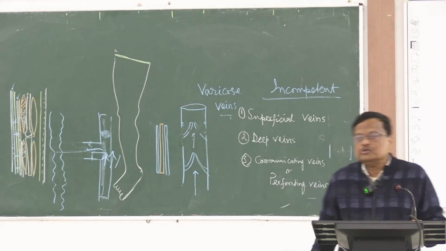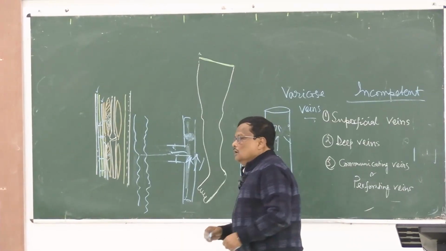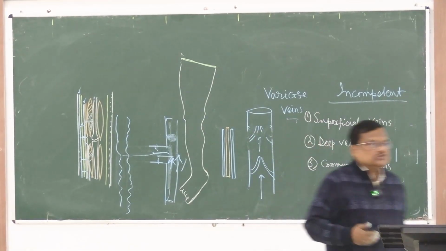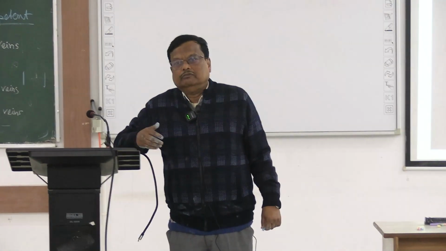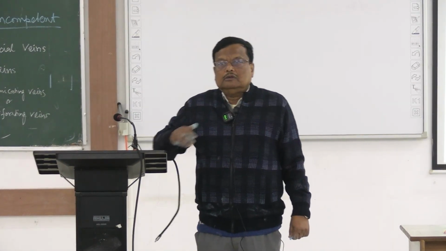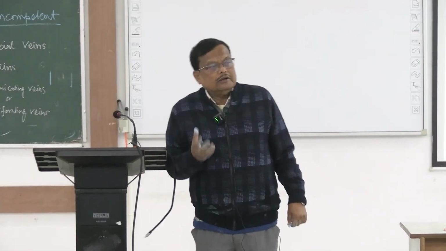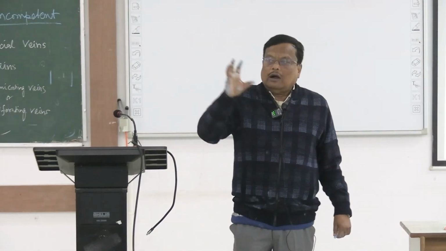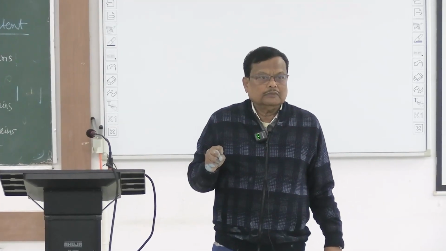Why does it happen? There are so many theories. Obviously, the most important theory is that in the distal part, the veins are going against gravity. The venous blood is going against gravity. Artery has its power. The heart is pumping at very high pressure.